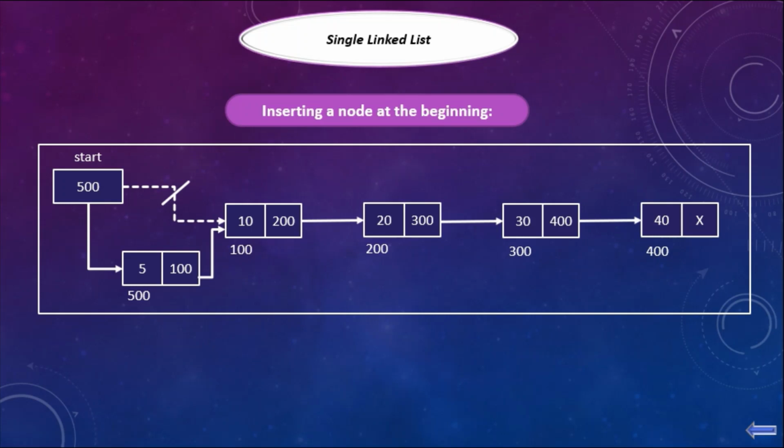also have to put the address of the first node, which initially has the address, say, 100, into the new node's next field, so that the new node which we want to place at the beginning becomes the first node of the linked list and links the remaining nodes with it.